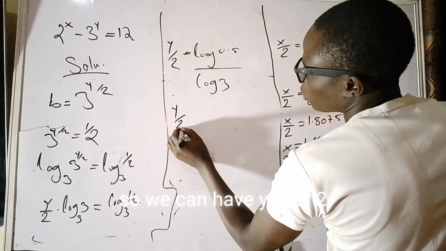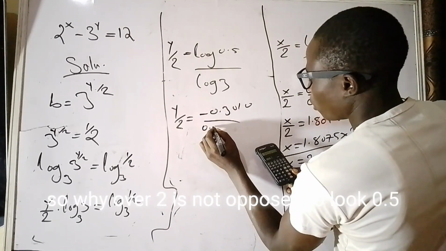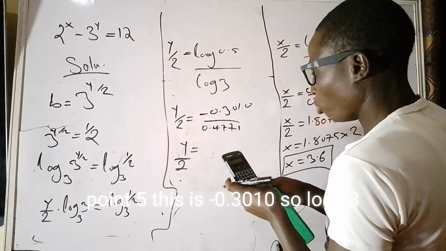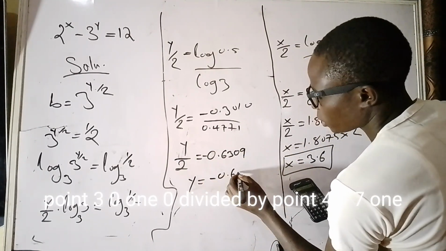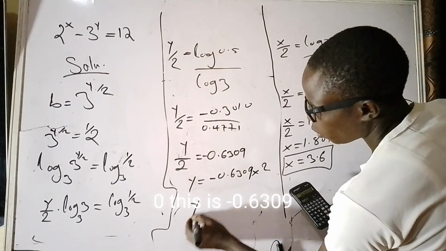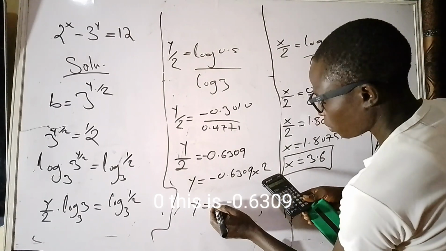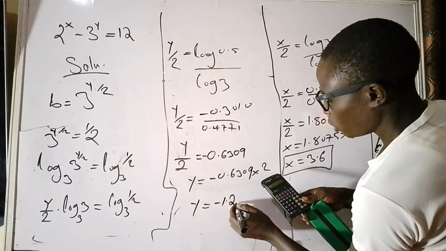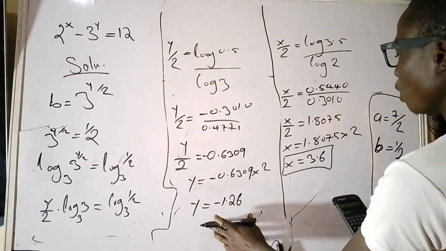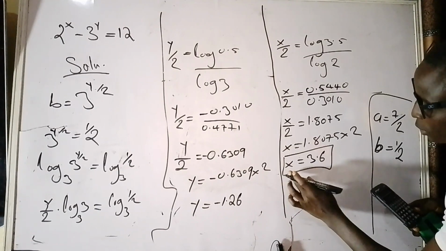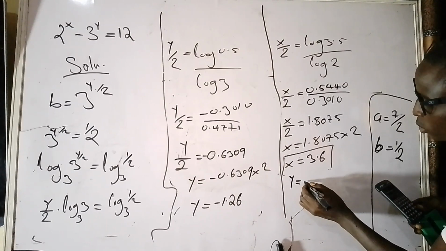So y over 2 is now equals to log 0.5 over log 3. Multiplying by 2, y is now equals to this value times 2, which is minus 1.26. So this is the value of y. So now the value of y is equals to minus 1.26.